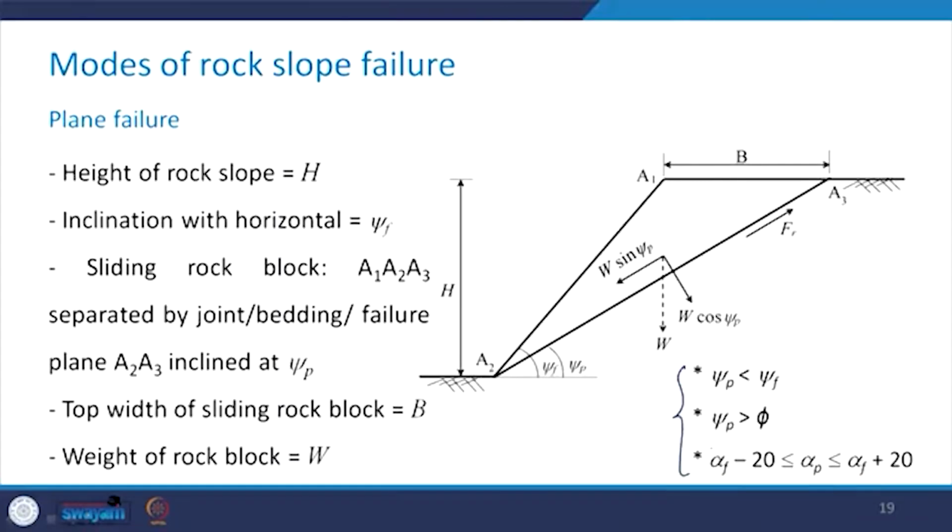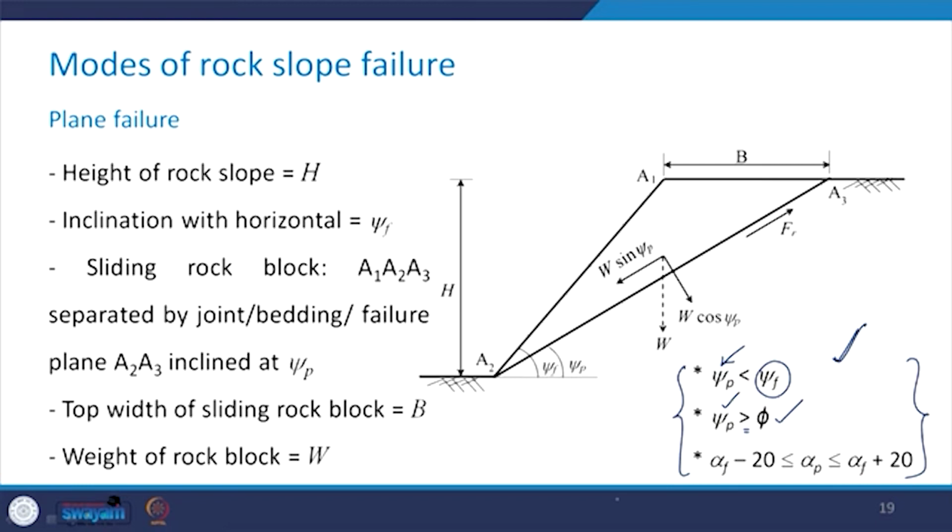The conditions for that kinematic analysis have been mentioned here. That is, the dip of the slope should be more than the dip of the failure plane. The dip of the failure plane should be more than the friction angle, and then the dip direction should be within plus minus 20 degrees. So, this we have already discussed earlier. If these conditions are satisfied, that means we know that the plane failure is going to occur.